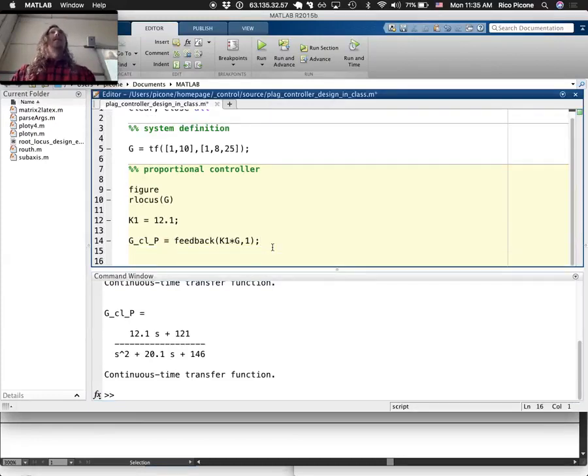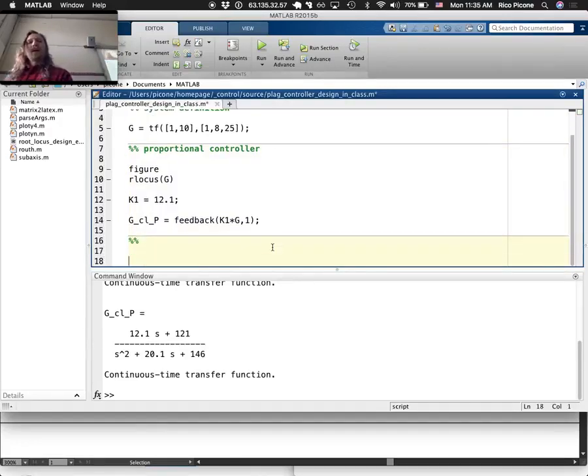Dr. Pointer, will the homeworks walk us through or give us problems that we can do this by hand versus MATLAB? I think that there are some problems in the homework that ask you to find the gain by hand. I can't remember. However, you can always do it, right? You can always find the gain by hand using the definition.